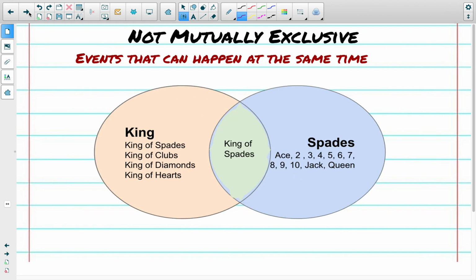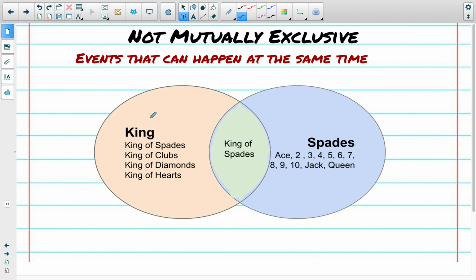So the opposite of that would be not mutually exclusive, meaning events can happen at the same time. Sticking with our card example, if a card is a king, it could be a spade. If you're not familiar with decks of cards, there are face cards like king, queen, jack. Sometimes an ace is considered a face card.